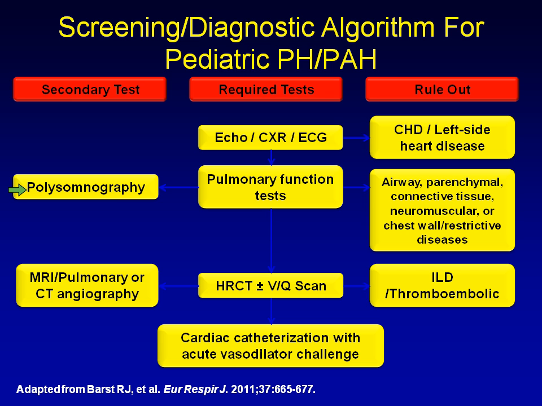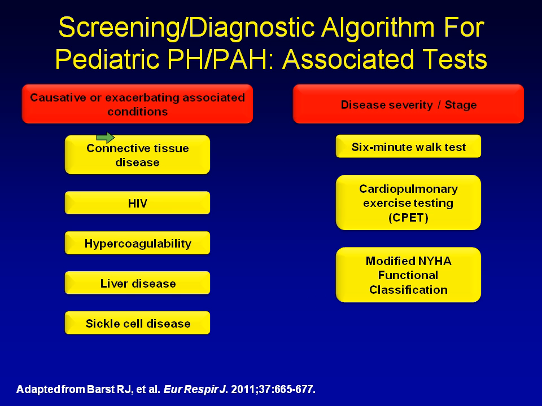We also do some blood tests to look for connective tissue disease. HIV is uncommonly seen as a cause of pulmonary hypertension in children, and also clotting disorders or liver disease, or if your child has sickle cell disease, then we know that children can get that. And over here we talk about the other tests that we can do.